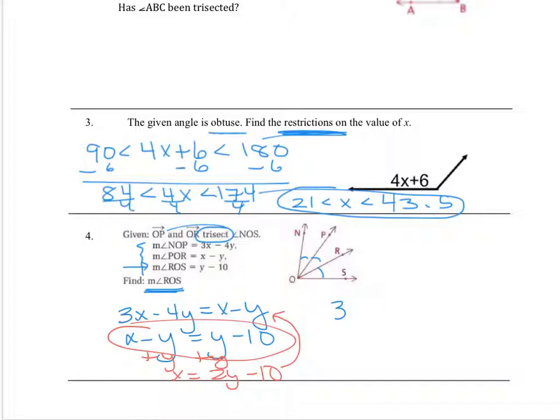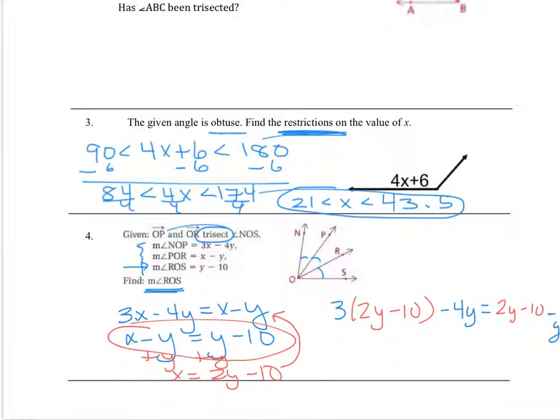So 3 times 2y minus 10 minus 4y equals 2y minus 10 minus y.